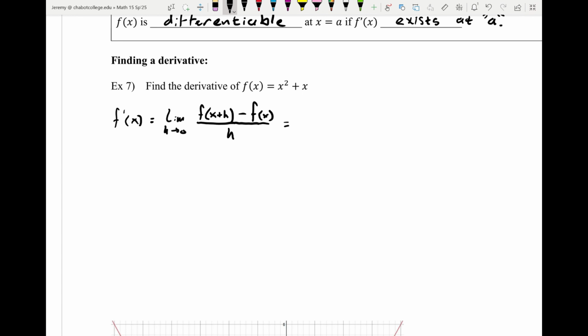And now what we want to do is substitute the function f of x into this formula. So here's what that will look like. This is very similar to what we did on that previous example, but we just don't have an a value. So f of x plus h just means take x plus h and plug it into the function. So that'll look like this: x plus h squared plus x plus h, and I'm going to group that together.